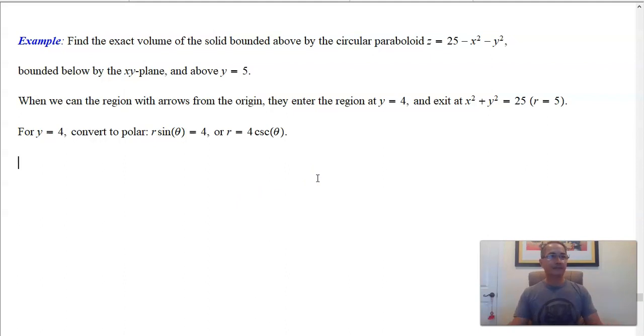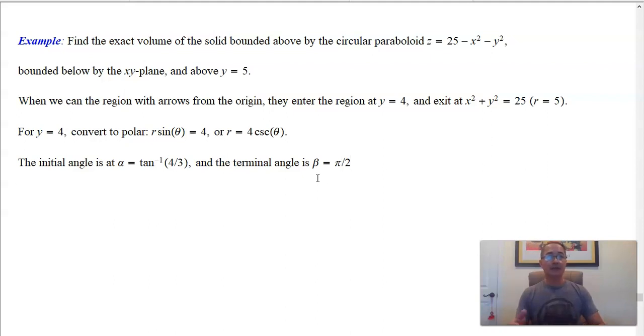So slight change in the antiderivative formulas and the trig identities that we are going to require. All right, so let's also write down what we do for theta. So the initial angle is alpha equals tangent inverse 4/3. That was where our arrows started to hit the region, and the terminal angle is beta equals pi over 2.